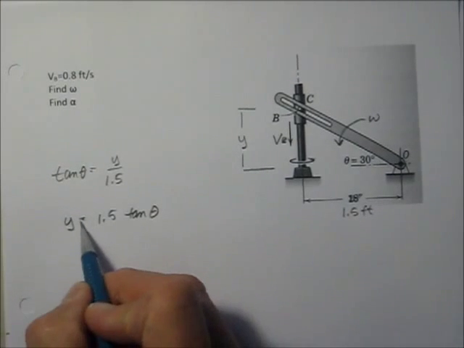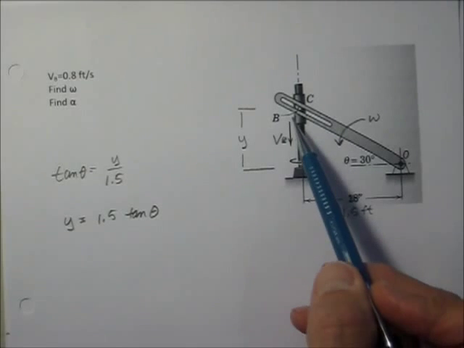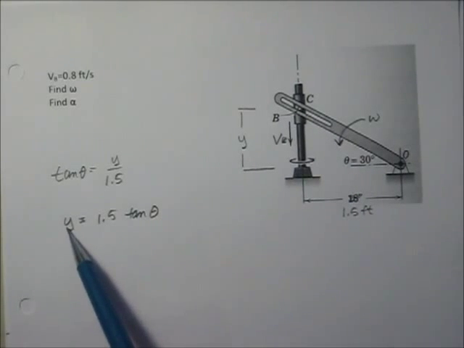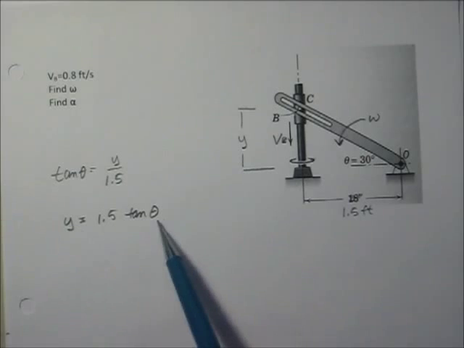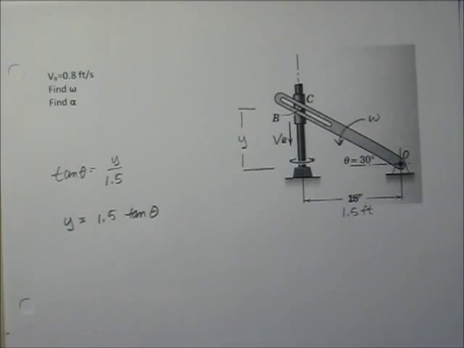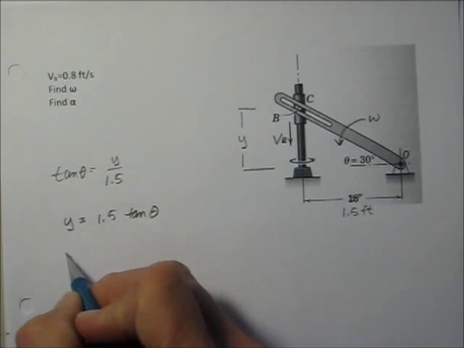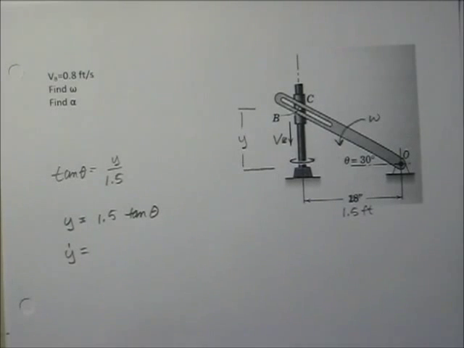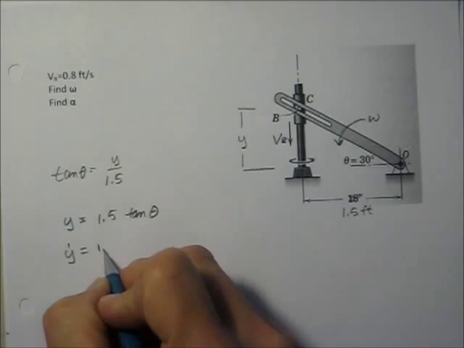Now what's going on here is y is changing, so this makes sense. If I take the derivative of y, I'll get the change in length here, and I can find also the derivative of theta. So I'll say that y dot, taking the time derivative of that, is going to be equal to 1.5.